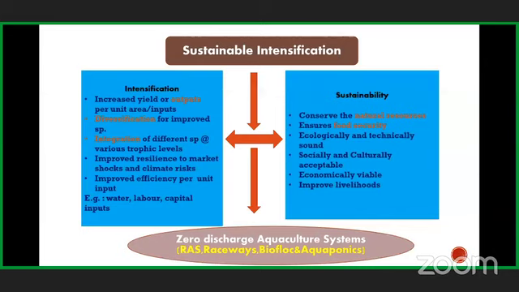By understanding these issues related to water and land, what I propose is that sustainable intensification is the need of the hour. I divide the words intensification and sustainability in two ways. By intensification, I mean that we will target higher outputs and production, diversify our species, and integrate different species at different columns so that we can get higher profit and higher production.